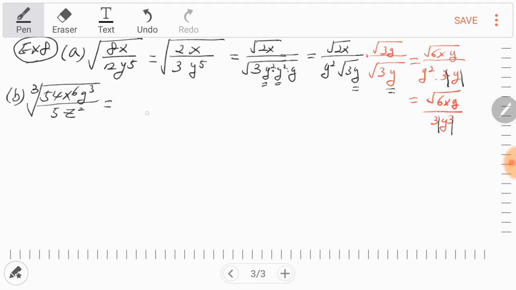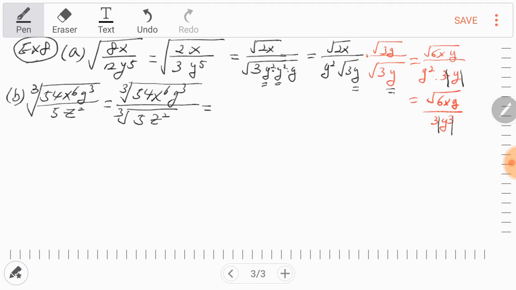Okay, the next one is cube root. So the numerator and denominator, we can just separate it because 54 and 5 we cannot simplify. So separate the numerator, cube root of 54 x to the 6th power y cubed. The denominator is cube root of, okay, it's gotta be the same index, cube root of 5 z squared.